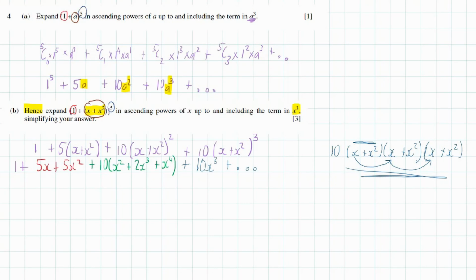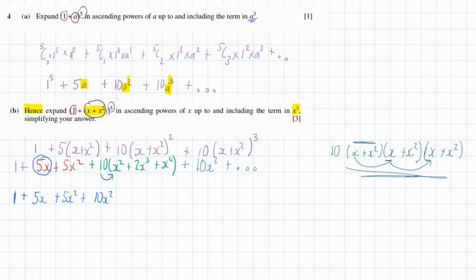So what are we going to do here? Let's do that. 1 plus 5x. There are no other x's there, so it'll just be 1 plus 5x. And we can now have 5x squared plus 10x squared.